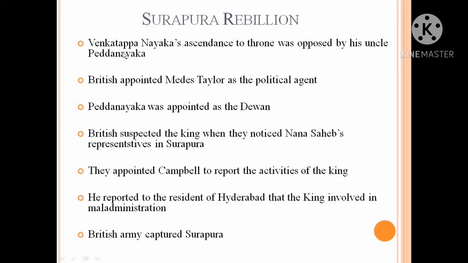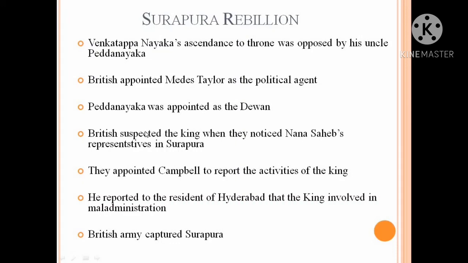Actually, when Krishna Nayaka died, Venkatappa Nayaka was a minor. That's why Pedda Nayaka wanted to come to power. At this juncture, the British wanted to step in, and they appointed Magistrate Taylor as the political agent there. So Venkatappa came to power, Taylor became the agent, and Pedda Nayaka was appointed as Diwan.